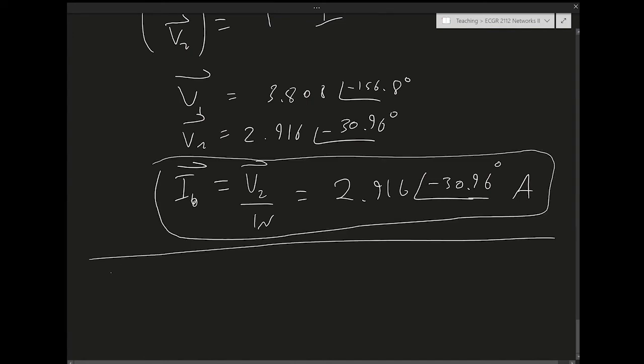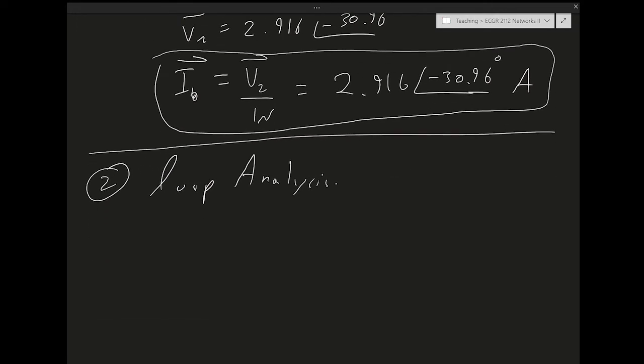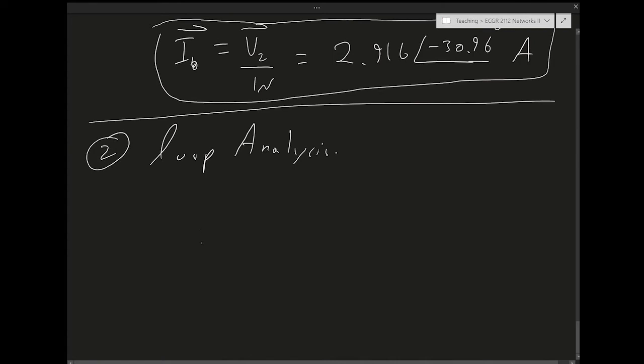Next, we want to solve this problem using loop analysis. As a reminder of that technique, let's look back at the circuit and select the loops. So the circuit looks like this. 1 ohm.